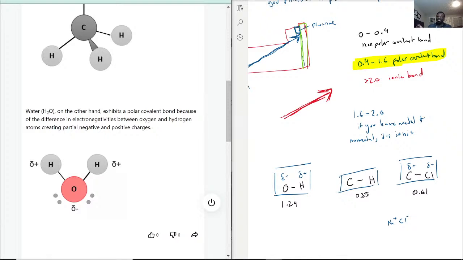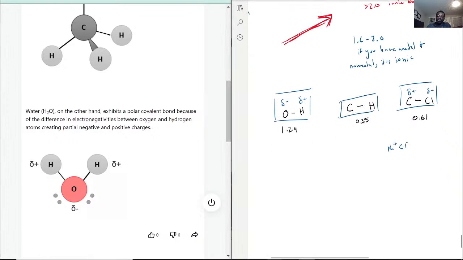Now if you want to discuss whether whole molecules are polar or non-polar, as I mentioned earlier, it depends on how it all balances out. For example, and I'll say this example again, carbon tetrafluoride is a non-polar molecule with polar bonds.